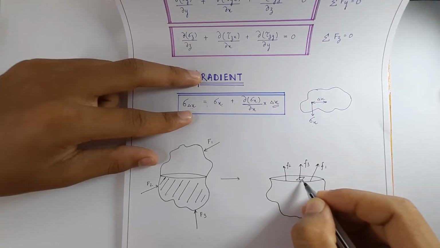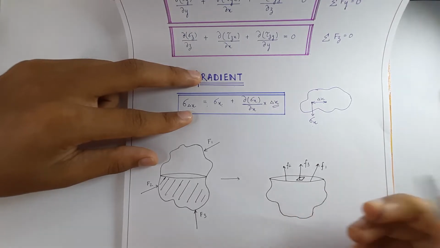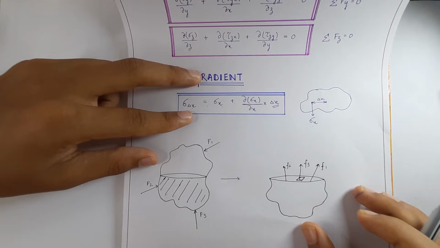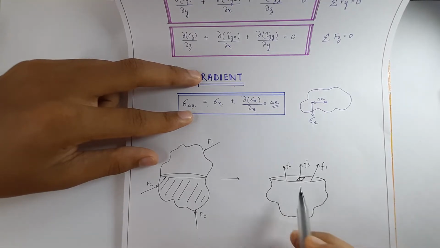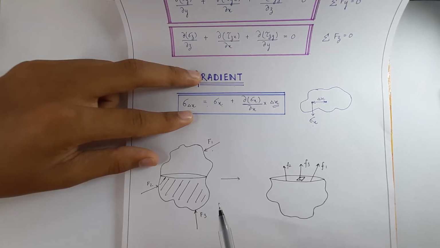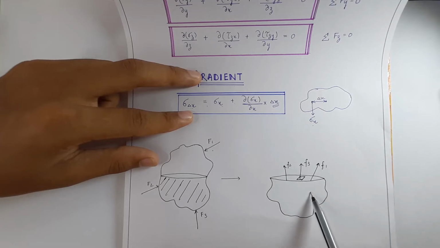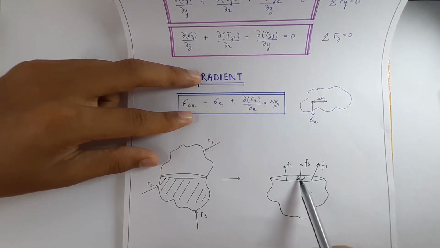While this body is in equilibrium, the body is in a stable condition under the application of these loads. We are taking into consideration that inside the elastic limit of the body, the body will be in a stable condition. So this internal cross section area here will also be stable.